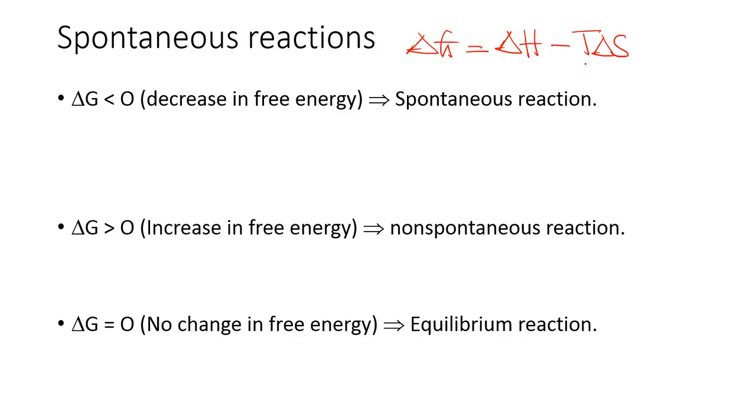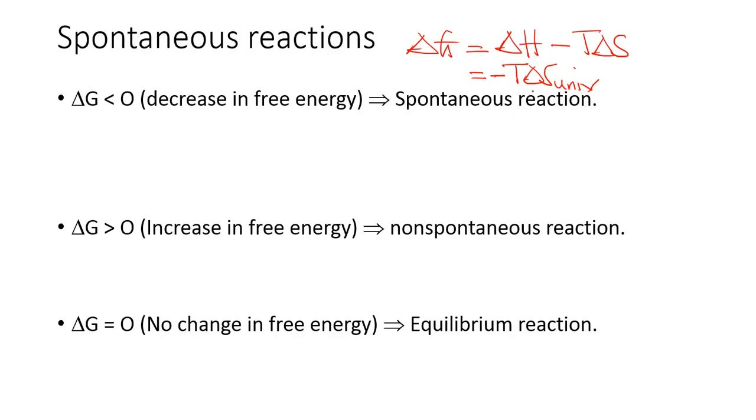And we know that delta G is equal to minus T delta S of the universe. We know that. And we know from the second law of thermodynamics that entropy of the universe is greater than 0 in a spontaneous reaction.